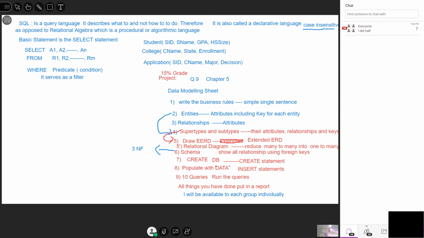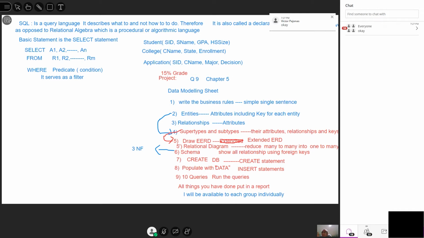Okay. Before we go there, any question regarding the project? Now, it's going to be very crucial for you to write the business rules correctly so that everything which is asked, no, you cannot combine. Okay? All right.